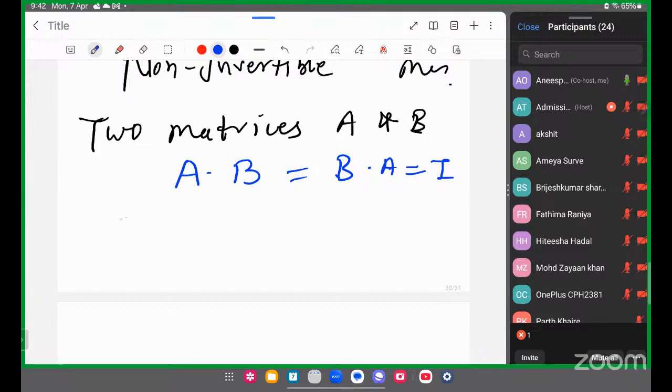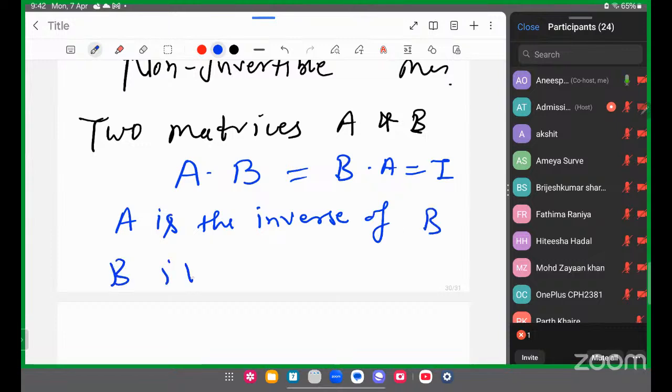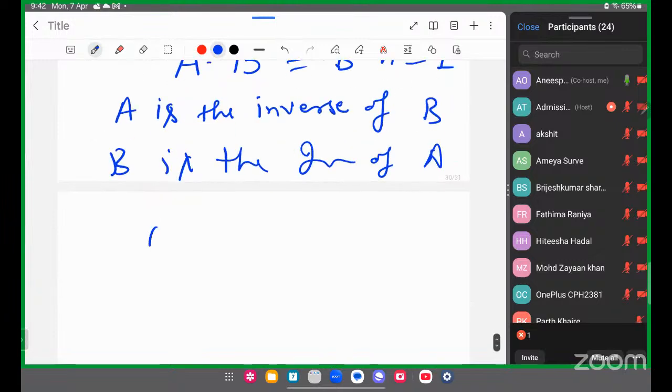In that case, we say that A is the inverse of B, and B is the inverse of A, which means A inverse is B and B inverse is A. Are you getting it?